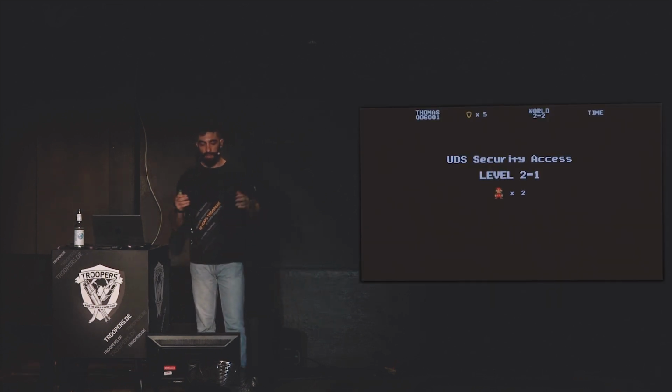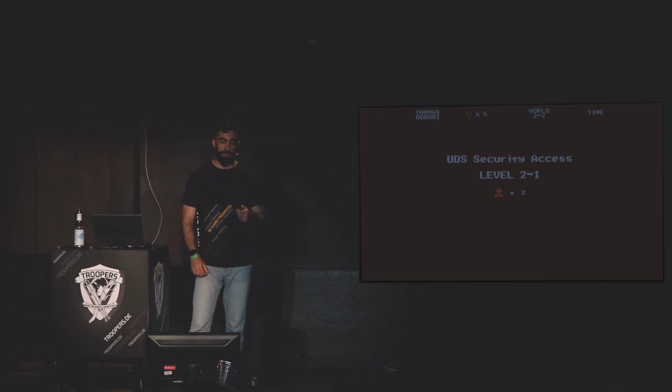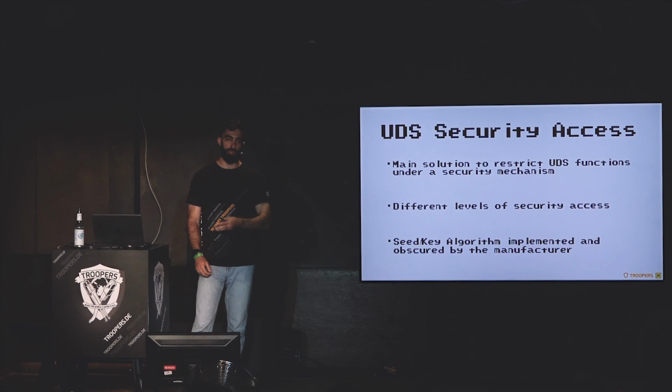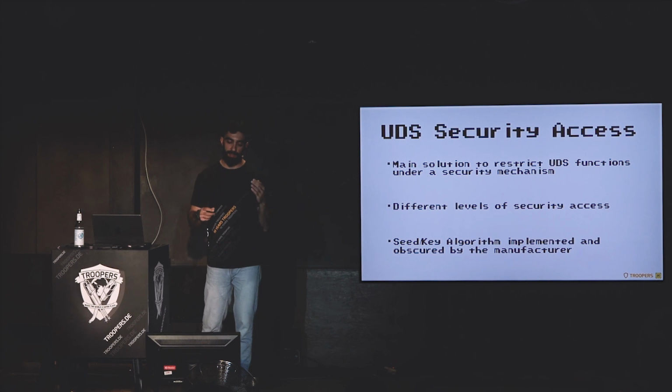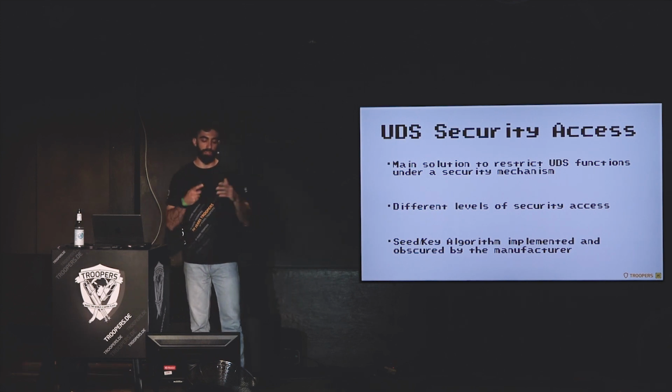And then, for the main part of the talk, the service that we will approach and attack is UDS security access. This is the main solution to restrict UDS functions under a security mechanism. So you have this security mechanism which is algorithmically secure, and it has different levels of security access, and manufacturers hide different functionality under this security access.